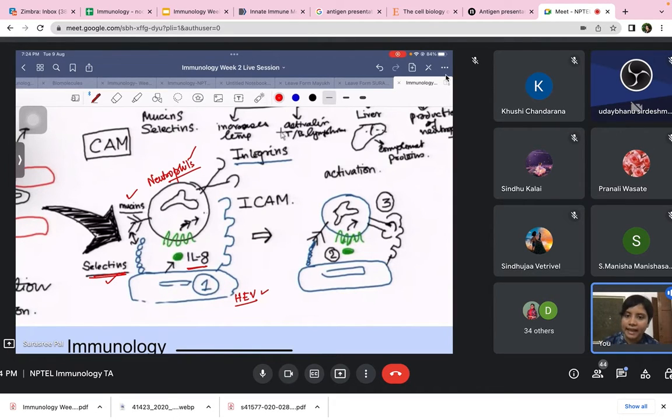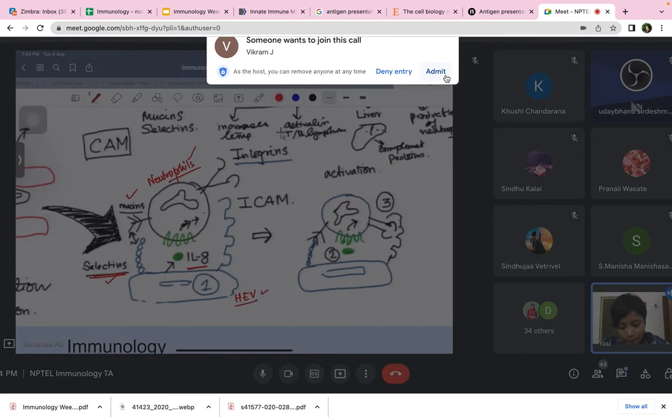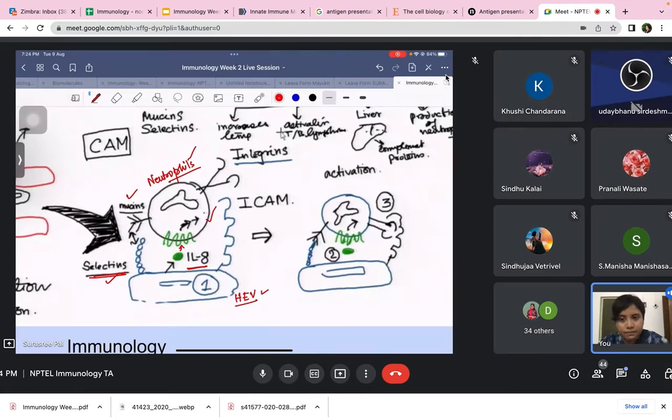This IL-8 is actually produced by the high endothelial venule, and then this interleukin or cytokine binds to one of its receptors present on the neutrophil. So this binding takes place, right?